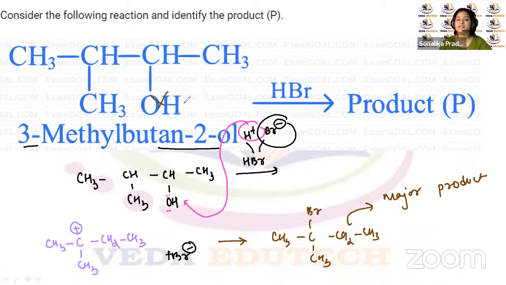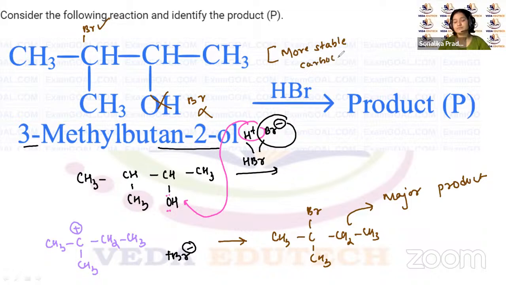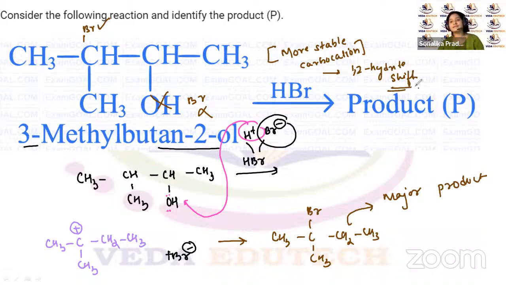Do not write Br here, this is going to be wrong. Your Br is going to be substituted here. Why? Because here we are using the concept of the more stable carbocation, which we got by 1,2 hydride shift. So this was the concept involved here. Let us move on to the next question.